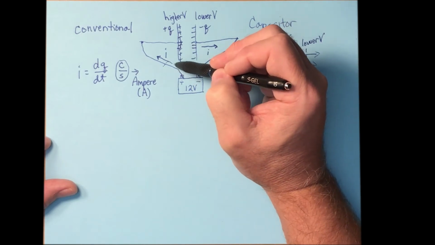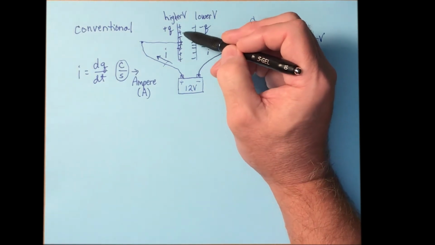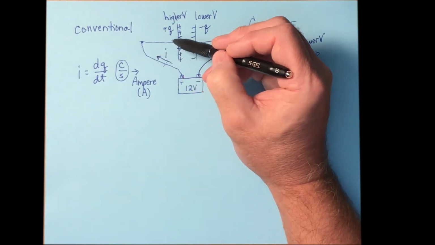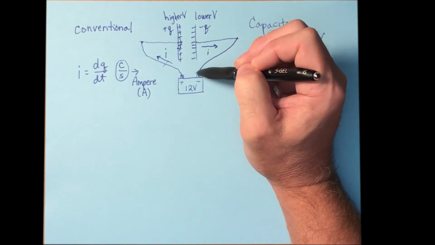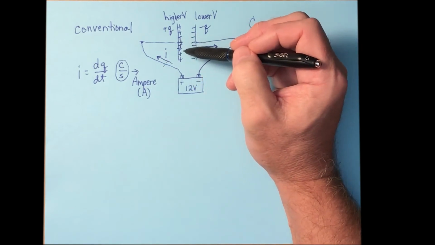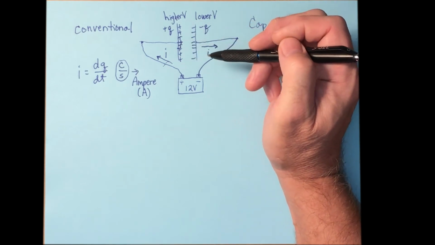But now the next charge comes along, and it can't make it. All of these positives here are repelling the flow of that positive charge up. So there's just not enough energy, not enough potential difference between the poles of the battery to push even one more charge up there. And now the current has stopped flowing.